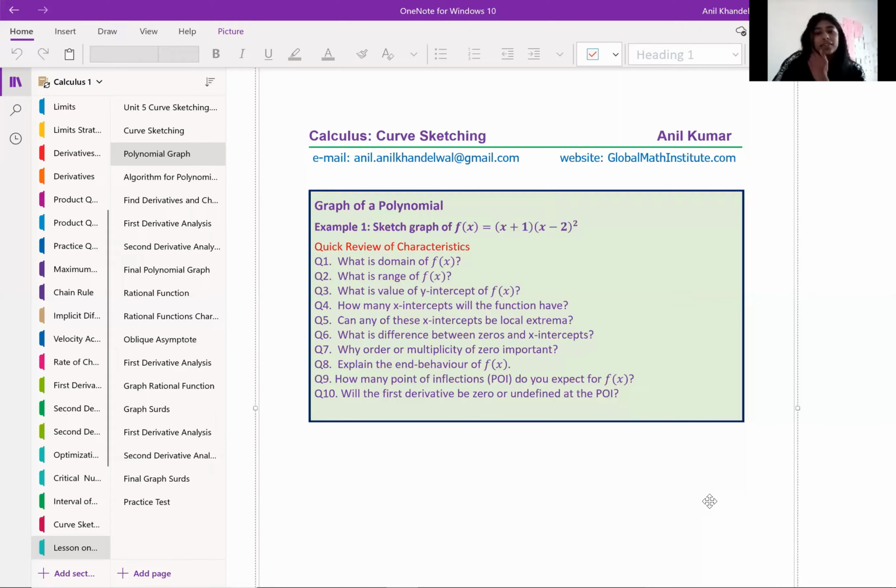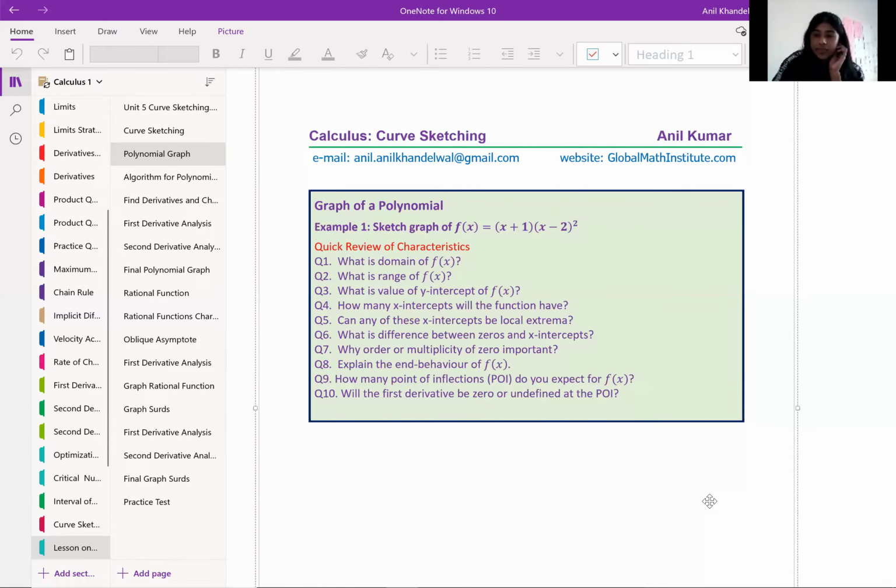So you have an answer that has a local minimum specifically at the x-intercept 2. And that is the beauty of zeros. Zeros have this hidden information about the behavior of the curve at the x-intercept. We know the first was linear, so it will go across. The other one is quadratic in nature, degree 2, so it will bounce back. So it is the turning point, and every turning point will lead to some local extrema.